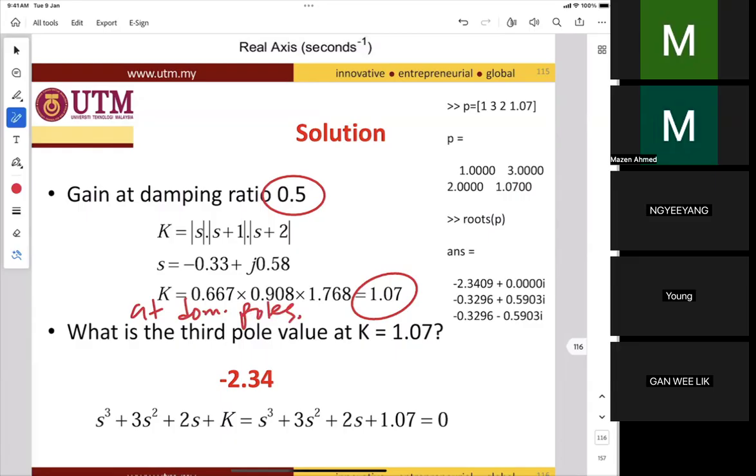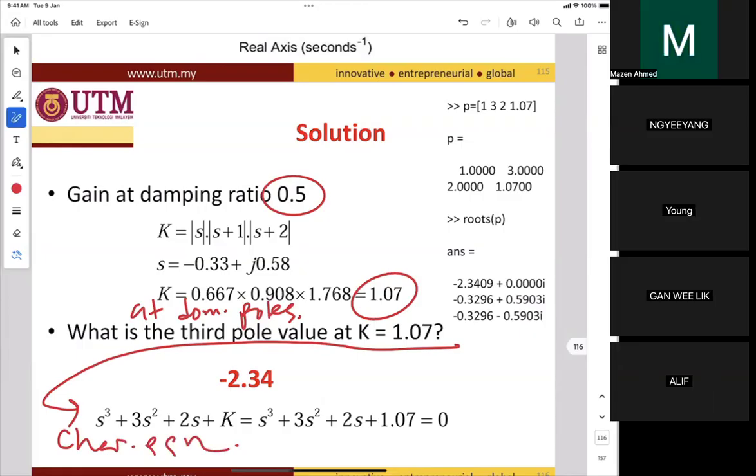At K 1.07, we insert it inside the characteristic equation. So K we replace with 1.07, and we get this cubic equation.